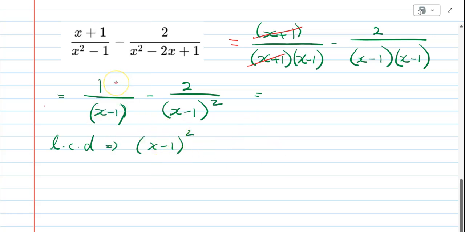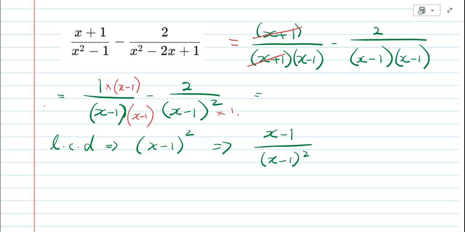So you multiply the top and the bottom of the first fraction by x minus 1, and the second expression you don't need to change. That itself is the lowest common denominator. We get x minus 1 over x minus 1 squared minus 2 over x minus 1 squared.